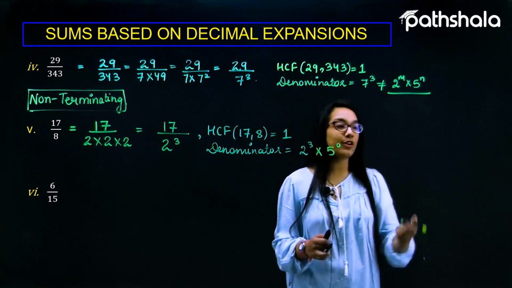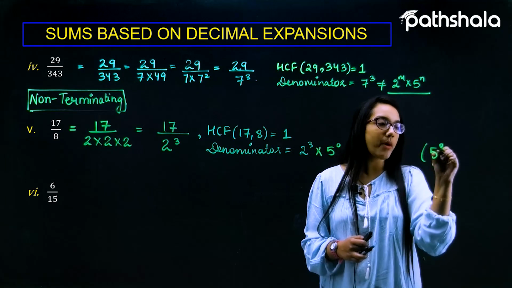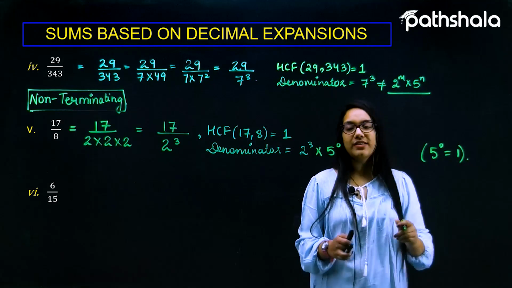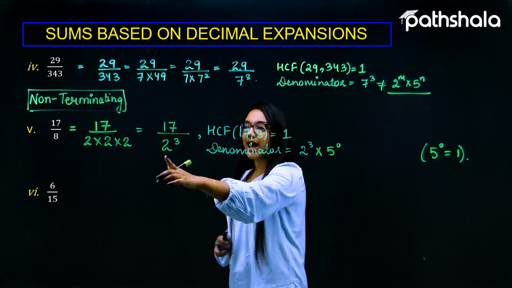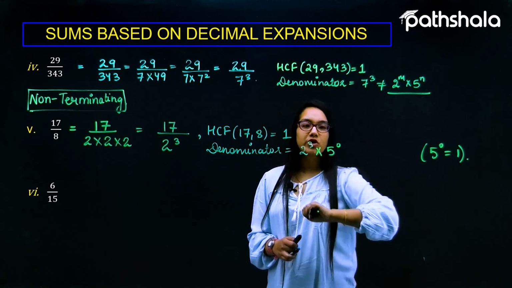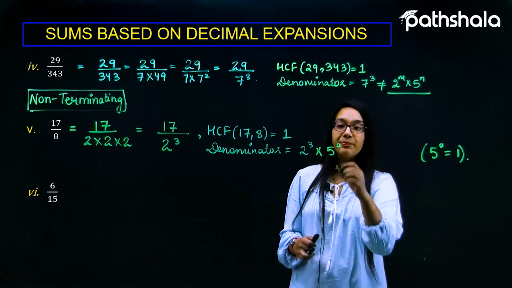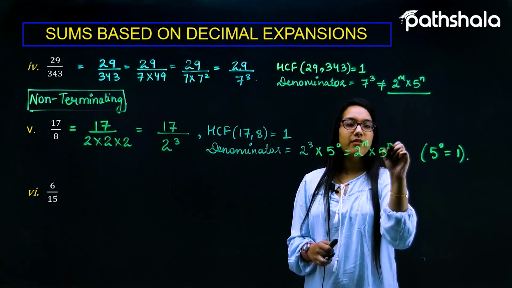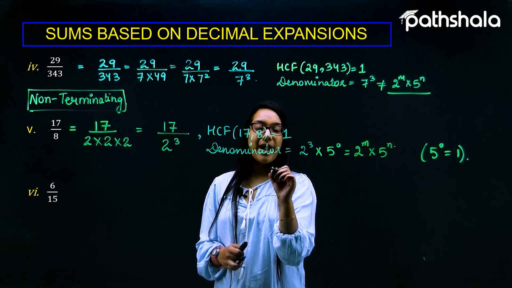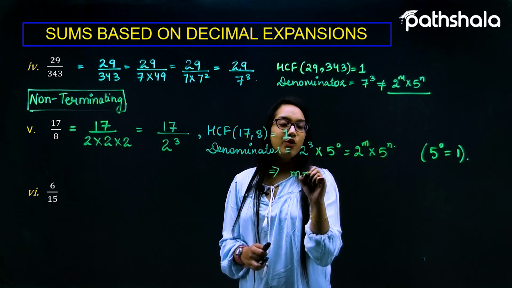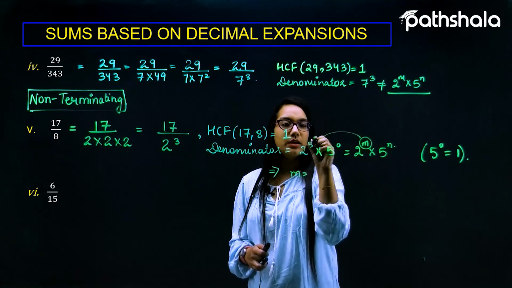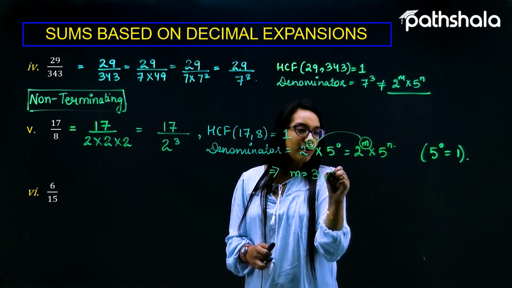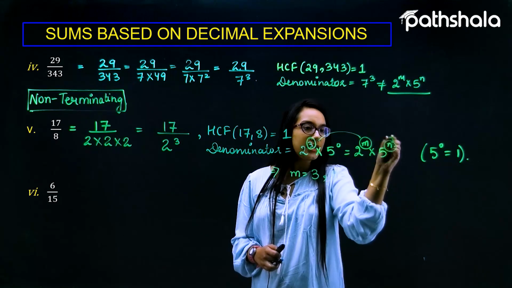The reason being, we know that anything raised to the power 0 is always 1. So we can write 2 raised to the power 3 as 2 raised to the power 3 into 5 raised to the power 0. Obviously this is of the type 2 raised to the power m into 5 raised to the power n. By comparison, m is 3 and n is 0.